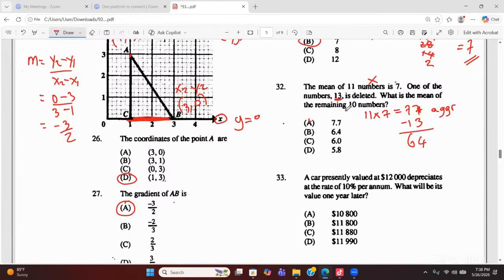So they're saying, what is the mean of that 10? You just divide by 10, you get 6.4. It's B, all right? It's not a big question right there. So this is testing if you understand your mean, and so on. That's what this is testing for. Do you understand your mean?